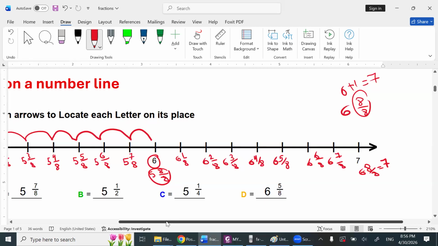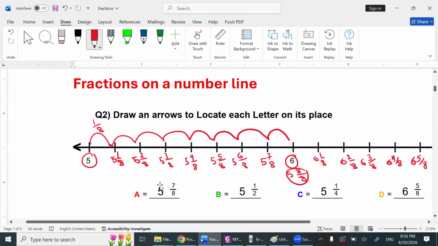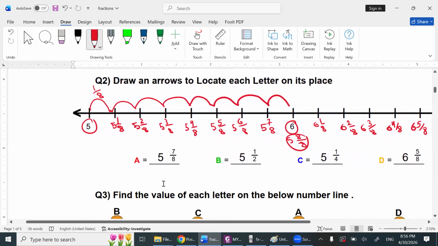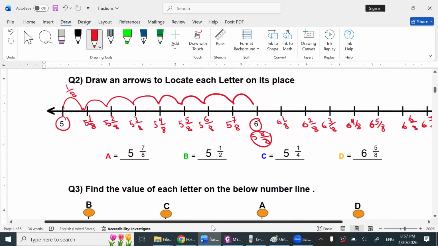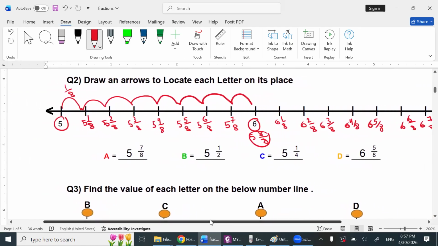Now we need to draw an arrow at each number on the number line. Where is 5 and 7 over 8? You can find that 5 and 7 over 8 is here. You can draw an arrow here and write 5 and 7 over 8. Where is 5 1/2?